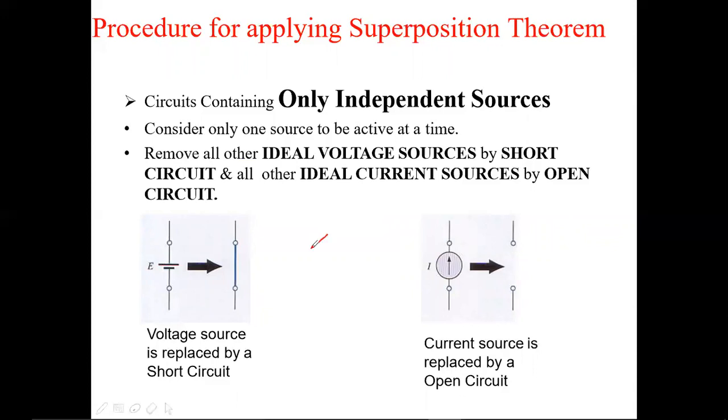Already you know dependent sources are shown in the rhombus mode. You can have dependent sources also, but that is not under your syllabus. That will come at your graduation level. But as of your diploma level, this is enough for you.